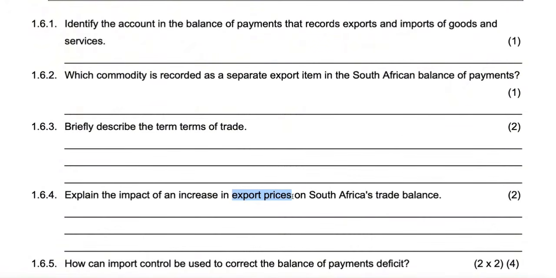Or the opposite: if there are other alternatives elsewhere, then they might buy less of our goods. But if it's influenced by the world prices of whatever we export, then other countries may not have much option, but they still need to buy those goods.